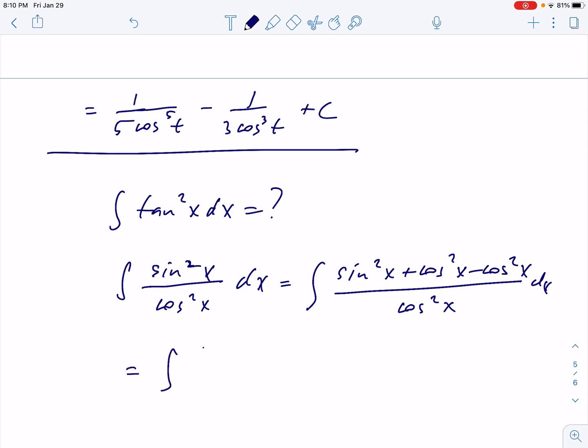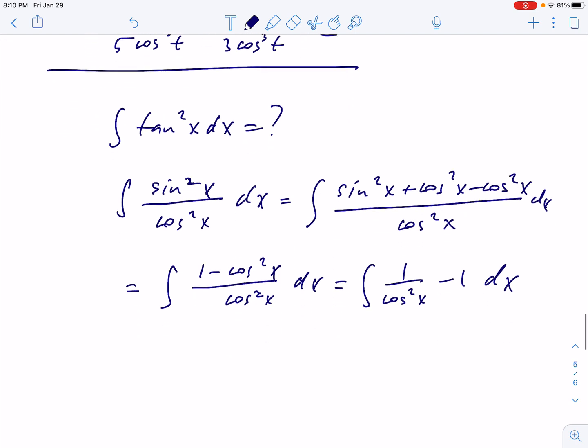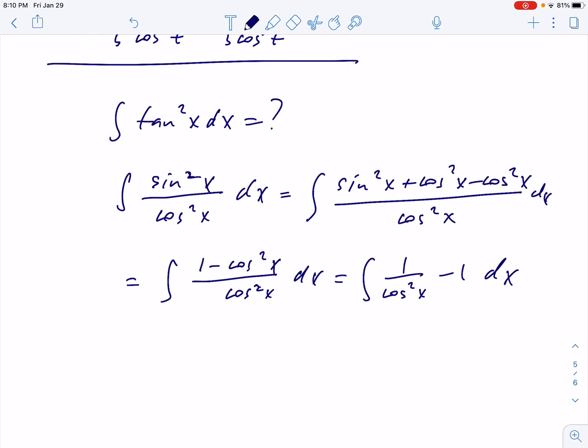So this will be 1 minus cosine squared x over cosine squared x dx. And then we simply divide: 1 over cosine squared x minus 1 dx. In the first position we have secant squared, which is the derivative of the tangent, so integration is obvious. This will be tangent x and then minus x plus c.